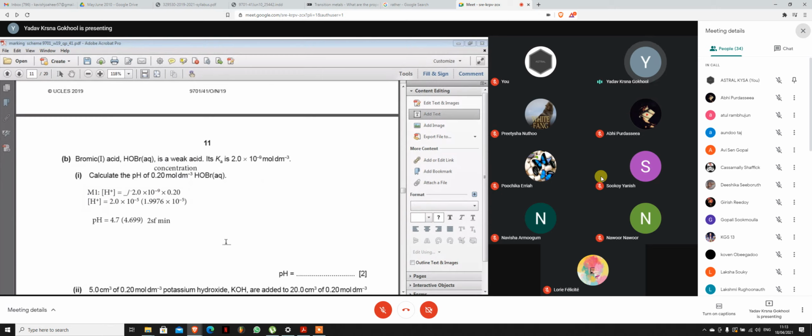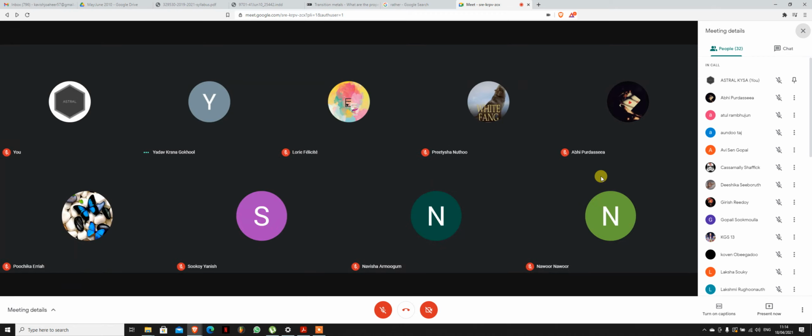And we all know that pH is equal to minus log of the concentration of this. So then you just replace in the formula.